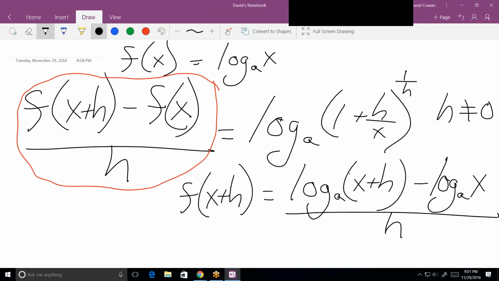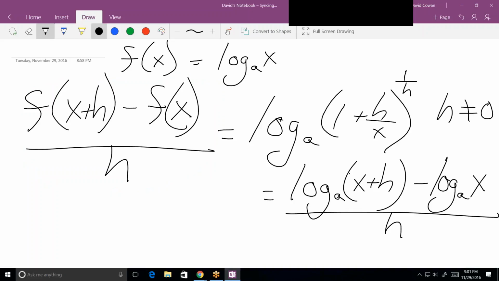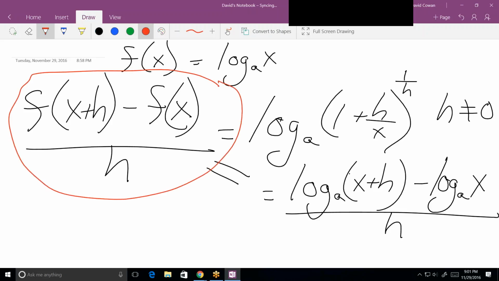I'm going to put it all over h. And now I can say that these two are equal. In other words, in red, that's equal to this.